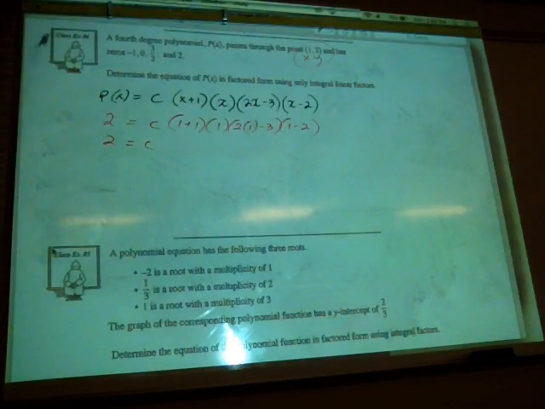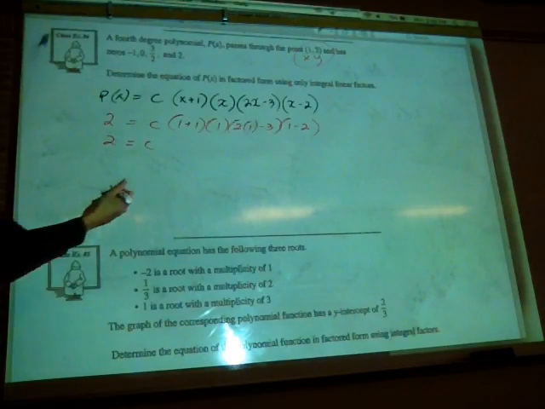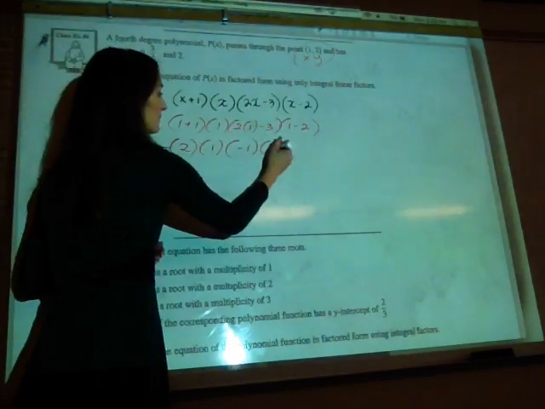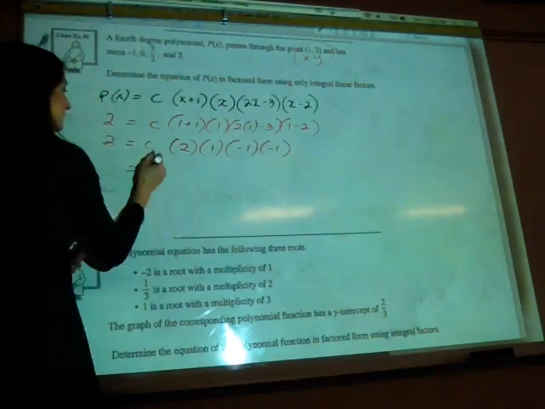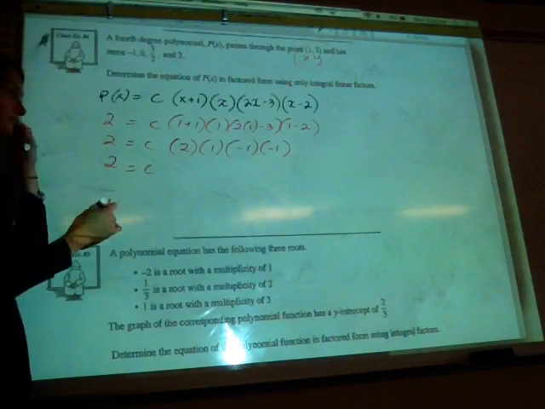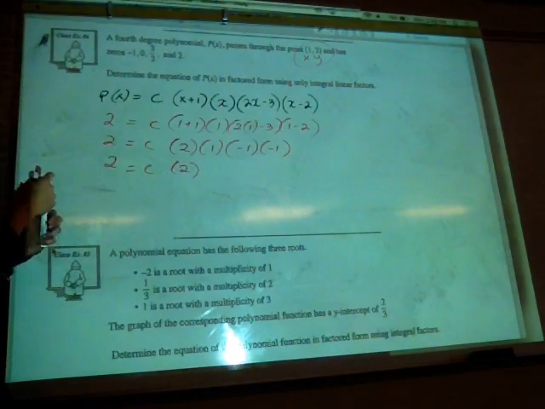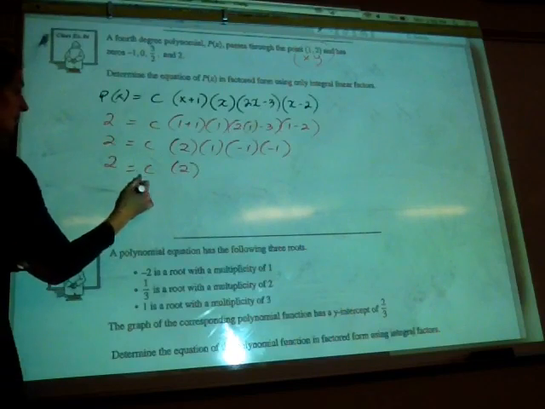We get 2 times 1 times negative 1 times negative 1. So what does c equal? 1.